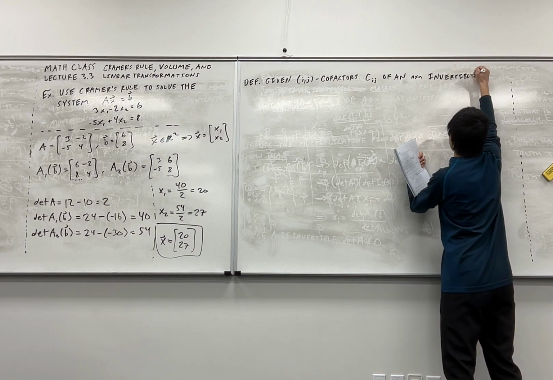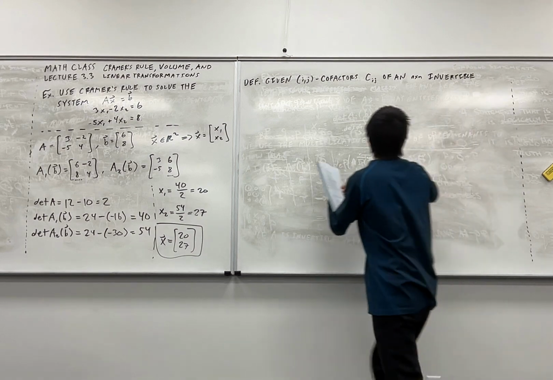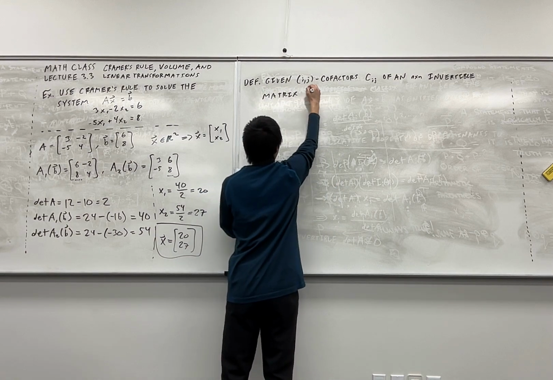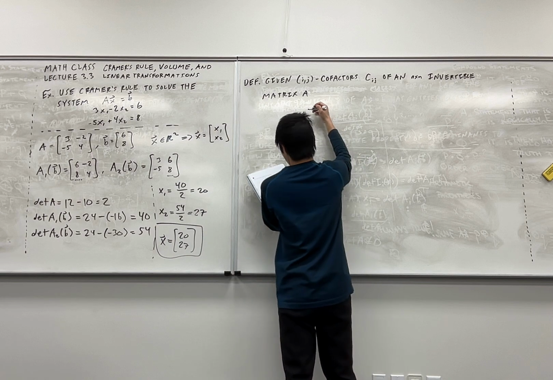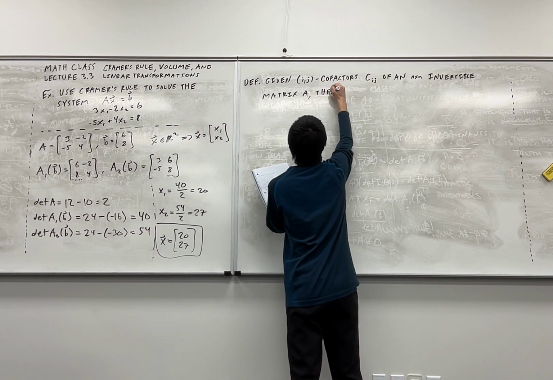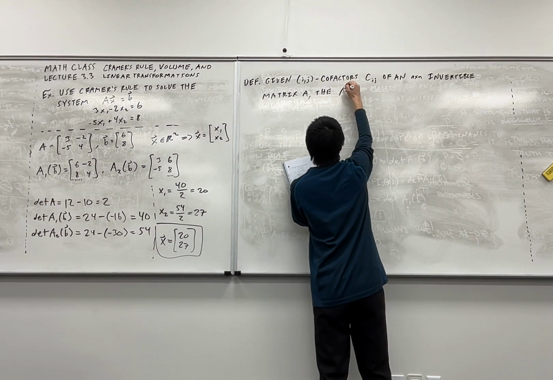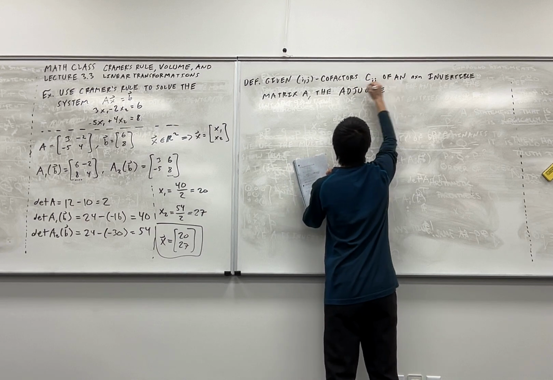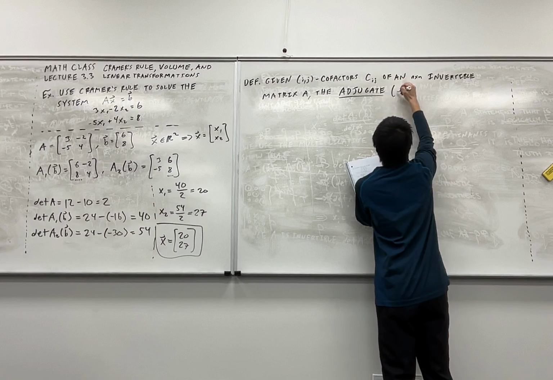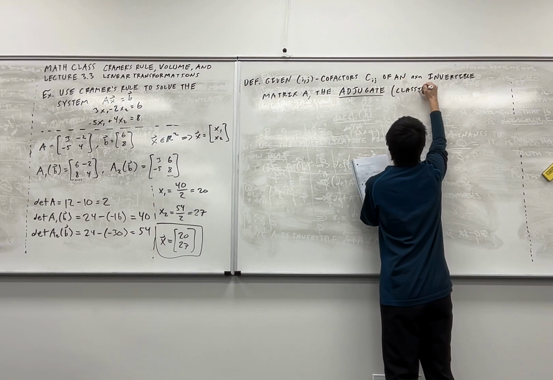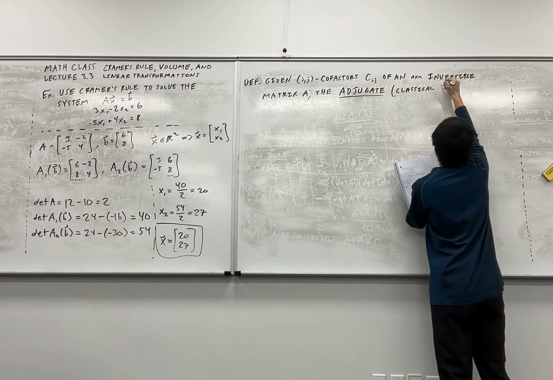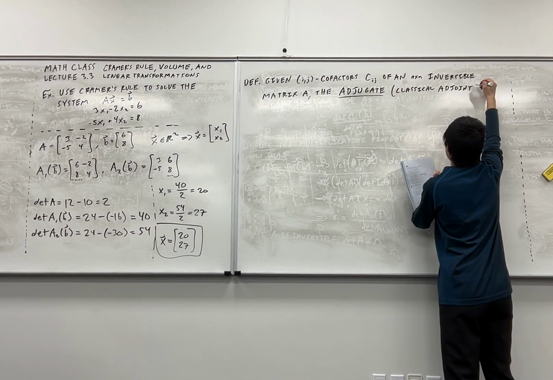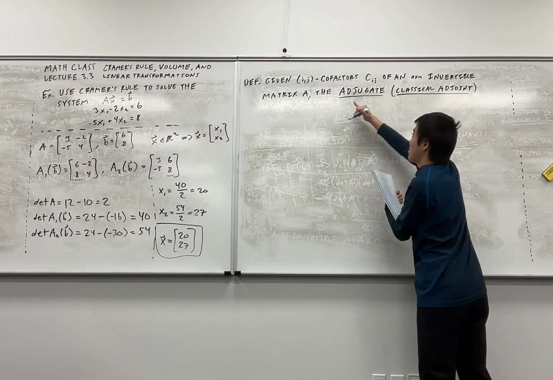Invertible matrix A. And the adjugate, that's kind of a funny word, which is sometimes also called the classical adjoint. But the adjoint language is going to be used in a broader context, so honestly, I prefer adjugate for this class.